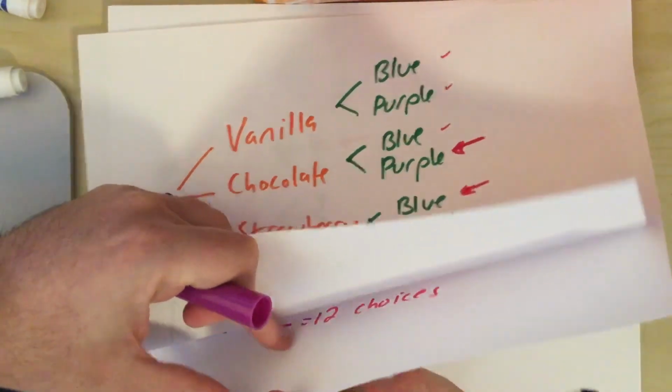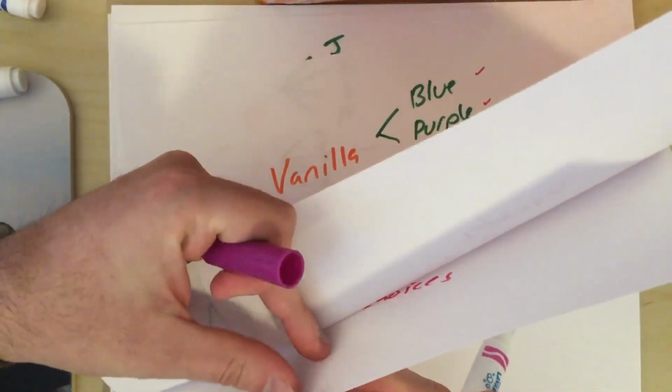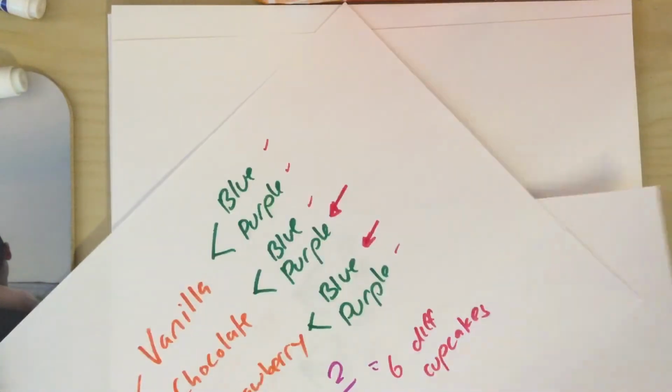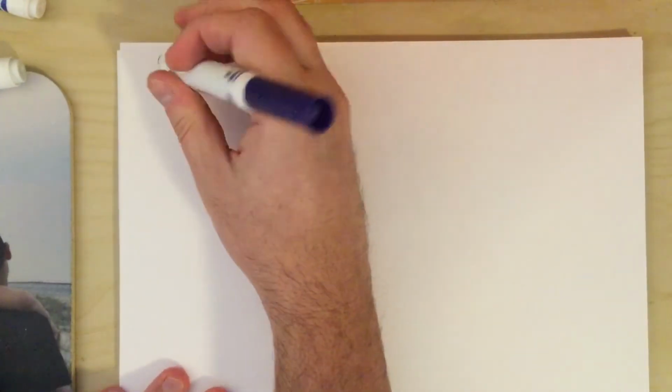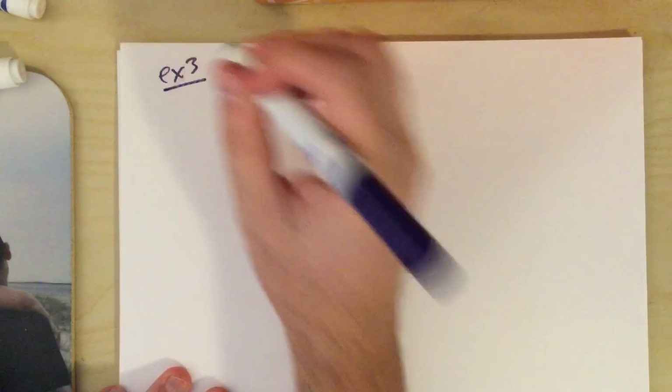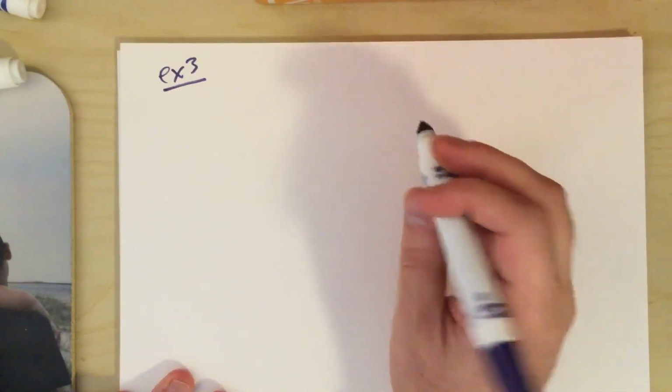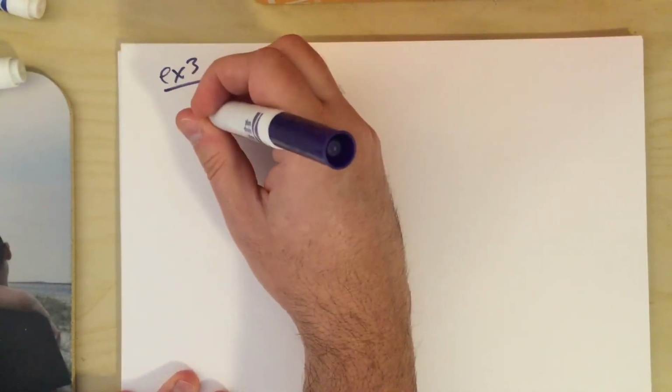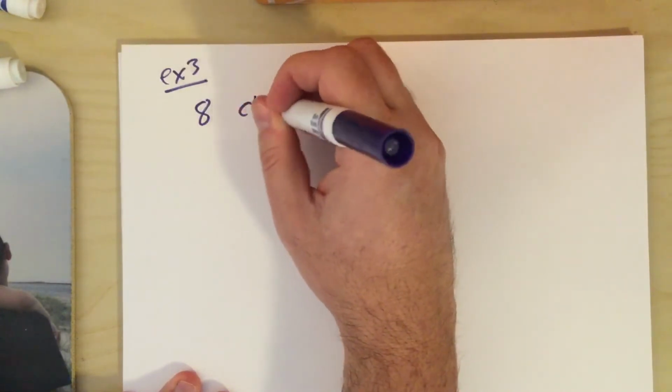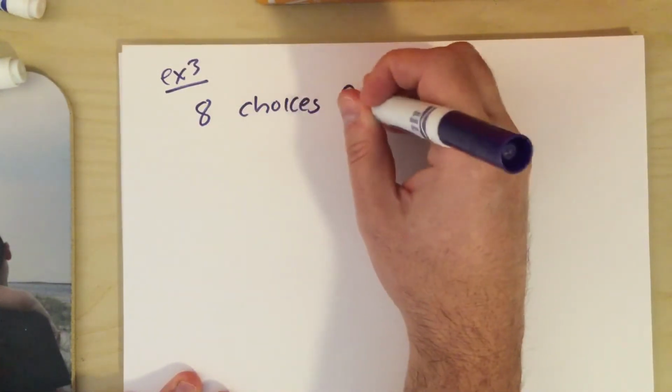Okay. Let's get dressed again. And we'll have an example 3. So we're going to say that we have 8 choices for shoes.